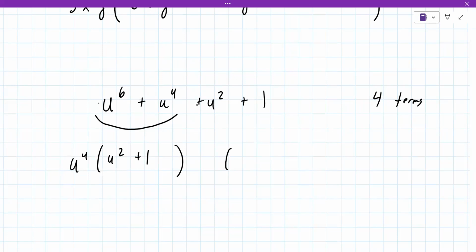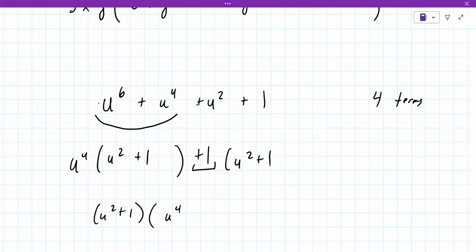Okay, and then you immediately write that over here. And what goes in between? Just 1, plus 1. What does it give me on the next line here? That would become u to the 2 plus 1 in parentheses. Second set of parentheses would be u to the 4 plus 1. Good. All right.